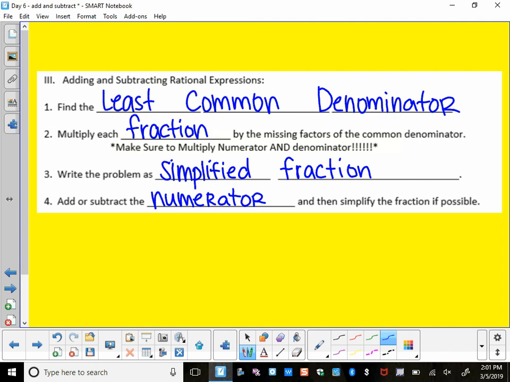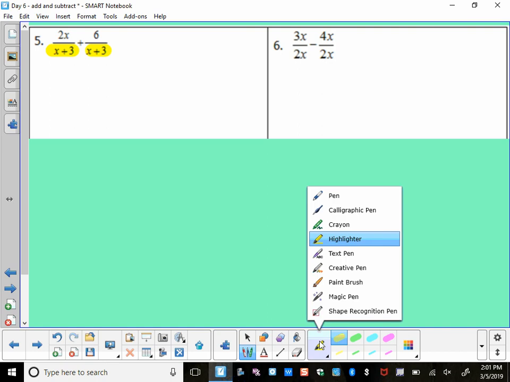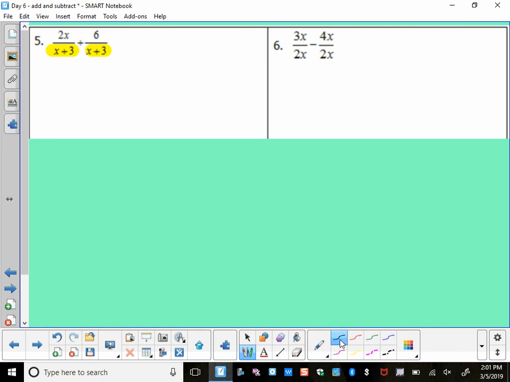All right, any questions here? All right, let's move on. Number 5. Do we notice here at number 5, my denominators are the exact same? So we don't really have to write them twice. My LCD is going to be what?